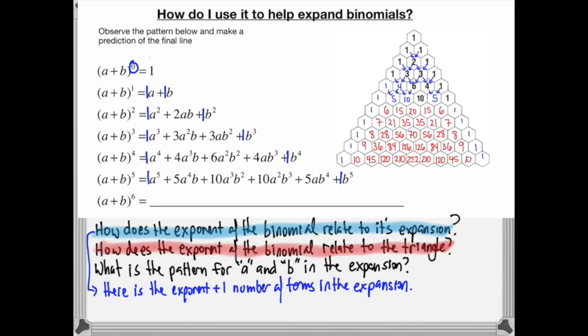The 0 exponent has a 1, and then we have a 1 here. Notice that that is going to be the first row.